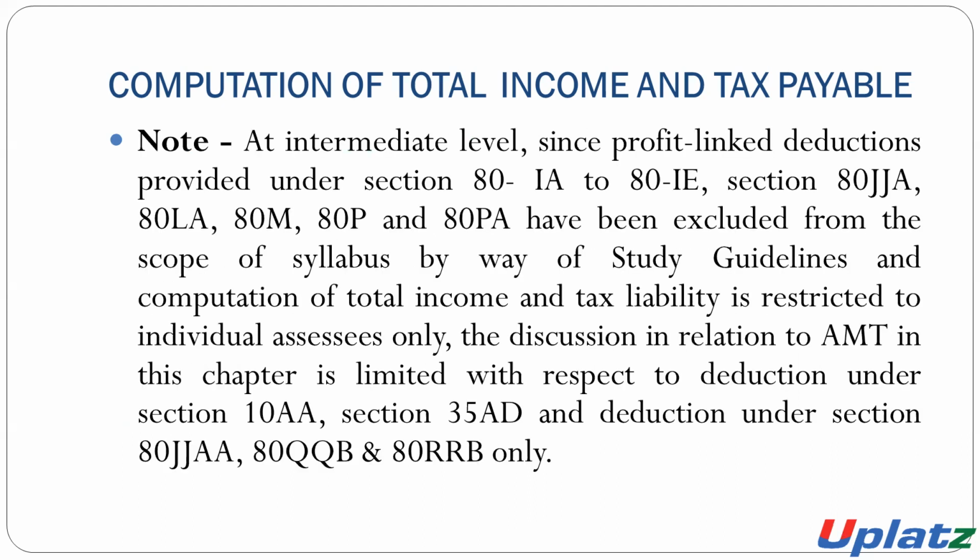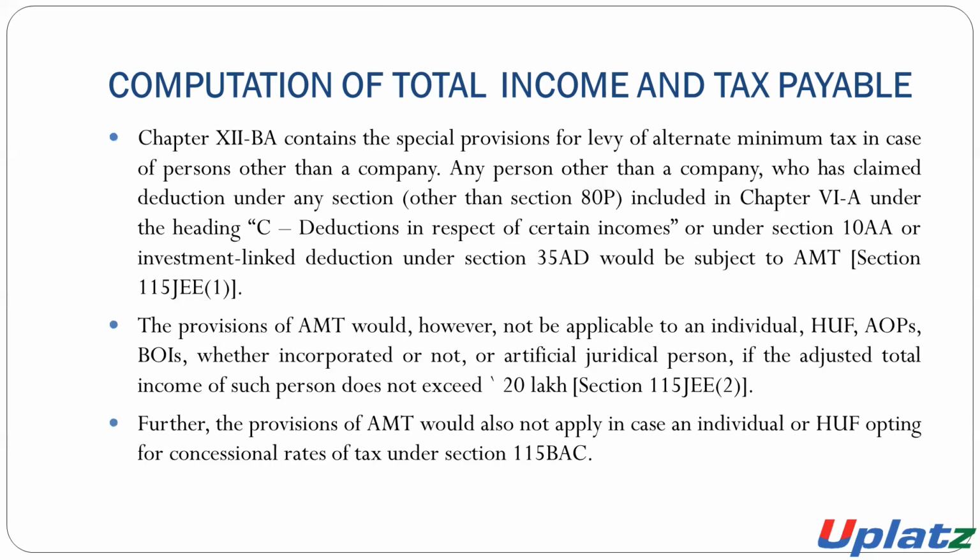Note: at the intermediate level, there are profit-linked deductions provided under sections 80IA to 80IE, 80JJA, 80LA, 80M, 80P, 80PA. These are profit-linked deductions, or investment-linked deductions, just like 80RRB, 80QQB, 80JJA.